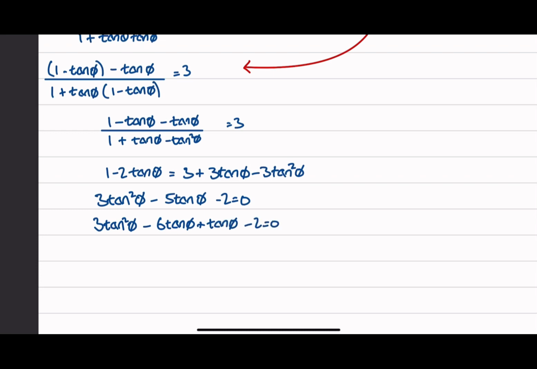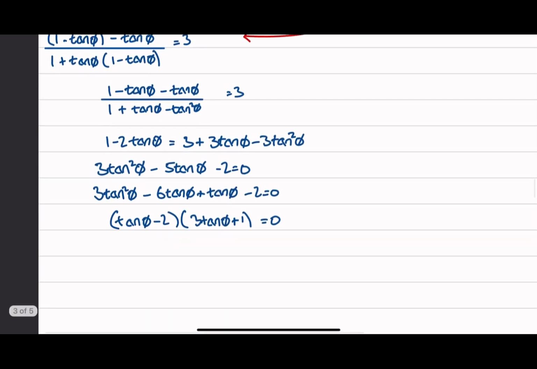Factorize it and we'll be left with tan phi minus 2 equals 0 and 3 tan phi plus 1 equals 0. And my two answers for tan phi will be tan phi equals 2 and tan phi equals minus 1 over 3.